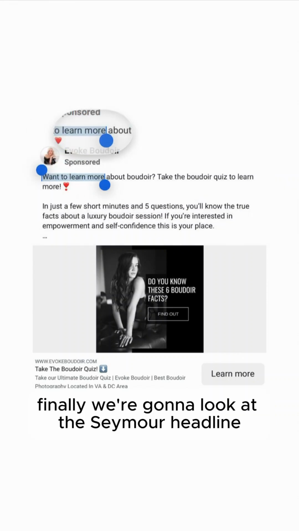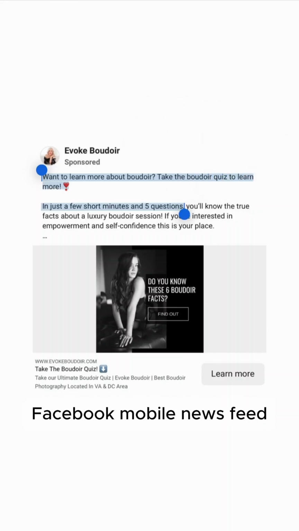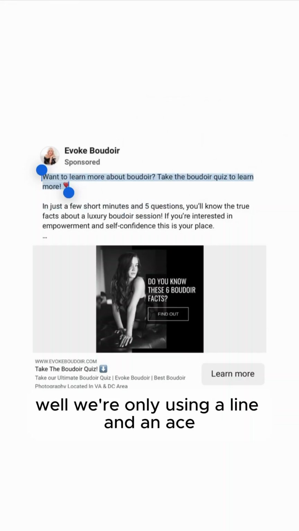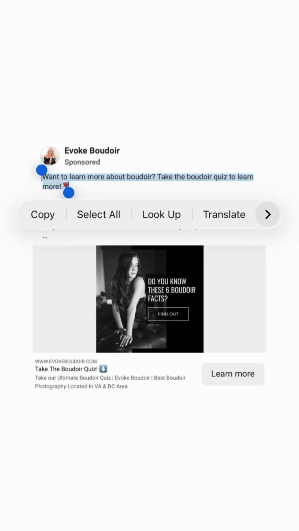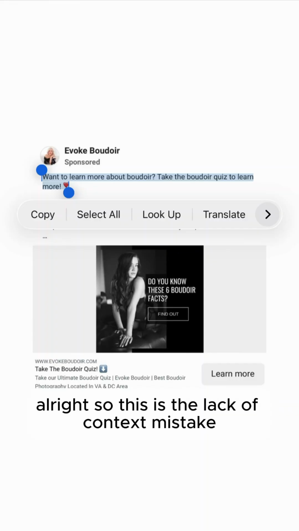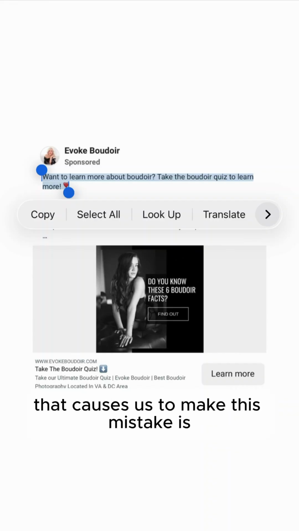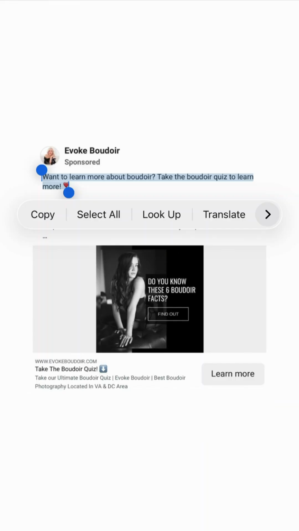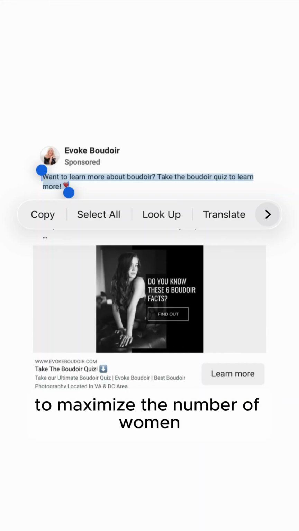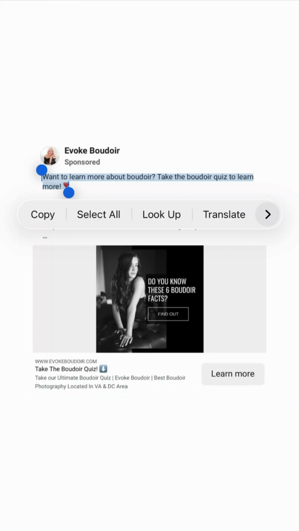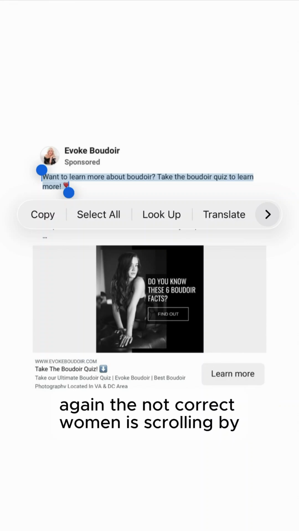Finally, we're going to look at the See More headline. First 2 3/4 lines of the Facebook mobile news feed. Well, we're only using a line and an eighth. So want to learn more about Boudoir? Take the Boudoir quiz to learn more. All right, so this is the lack of context mistake. The false belief that causes us to make this mistake is that we believe we have enough context to maximize the number of women, the right women, clicking on our ad, and getting the not correct women to scroll on by.